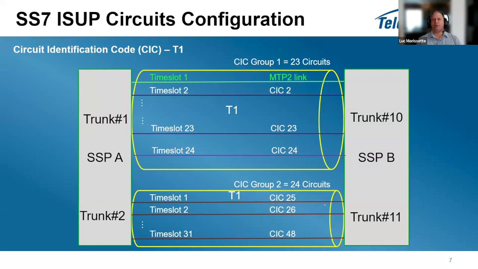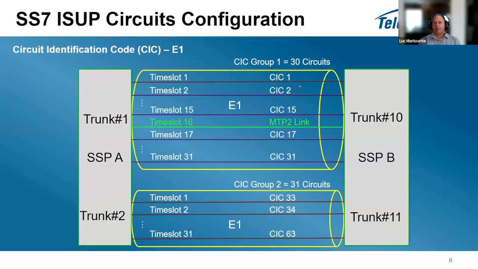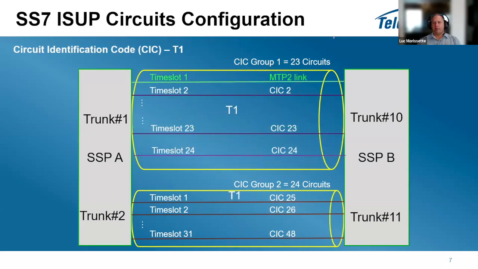Normally, in a traditional SS7 network, you always have two MTP2 links connecting endpoints to make sure that if one of the T1s goes down, the other MTP2 link will still continue to work. And just one more thing here is normally it would be time slot 1 that is used for the MTP2 link, but it doesn't have to.